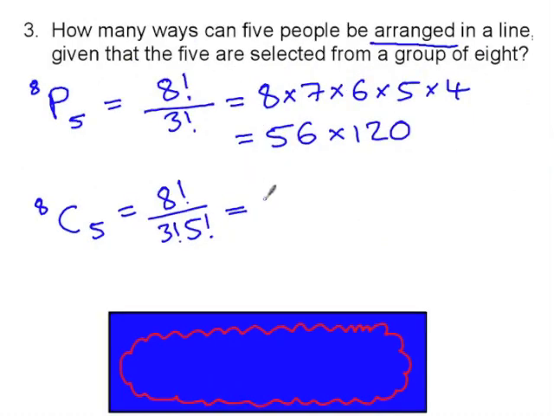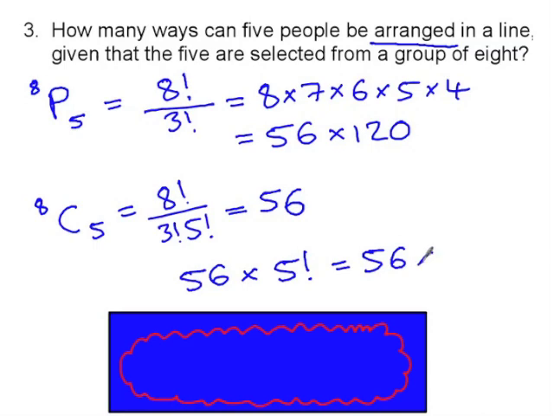So I'm left with 8 times 7, or 56. That's the number of groups of 5 people I could choose. But I then need to arrange the 5 people. So that will be 56 times 5 factorial, which I know is 56 times 120.